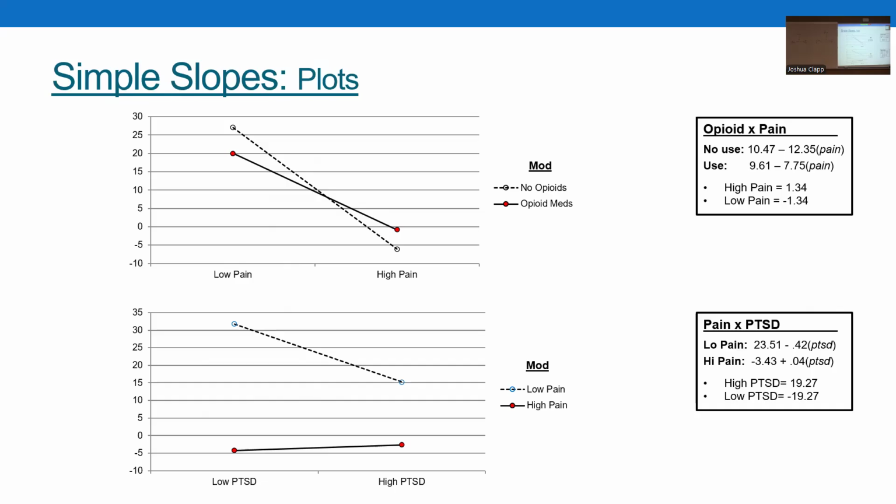The critical thing here is you're interpreting these slopes and not differences, because these are just arbitrary points. These are model implied points. These aren't actual mean values that are observed in your data.